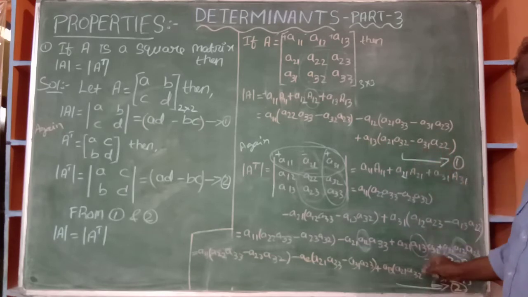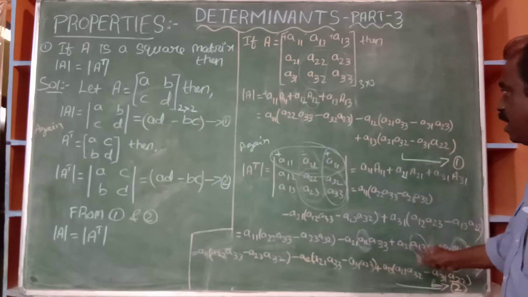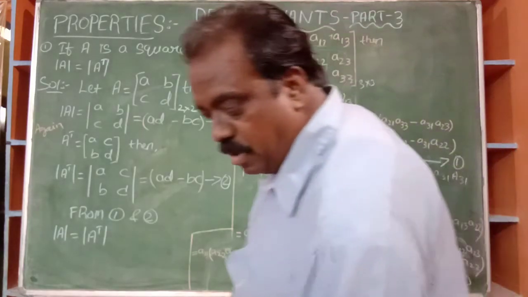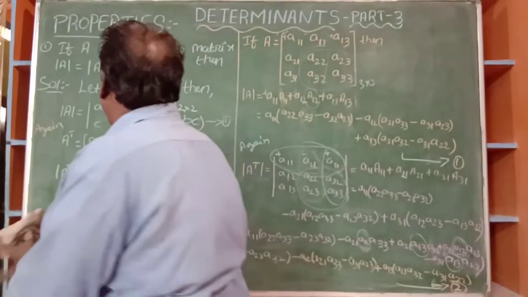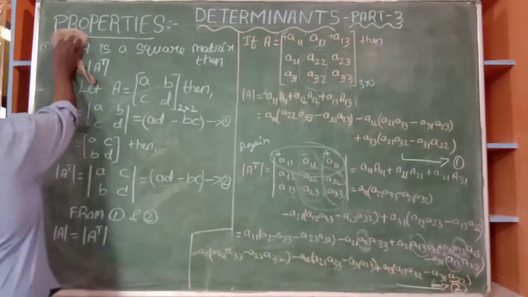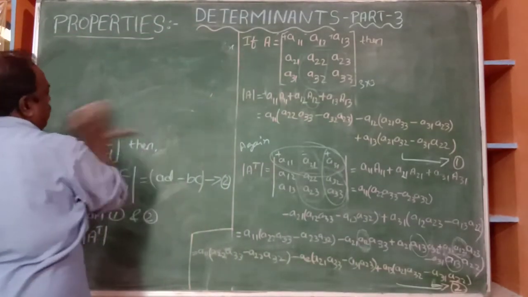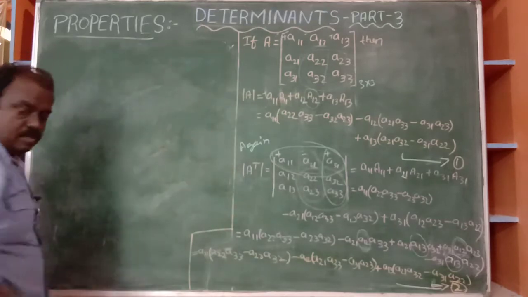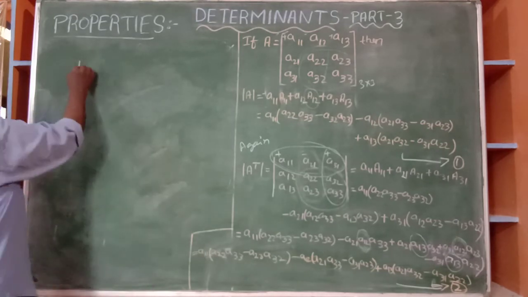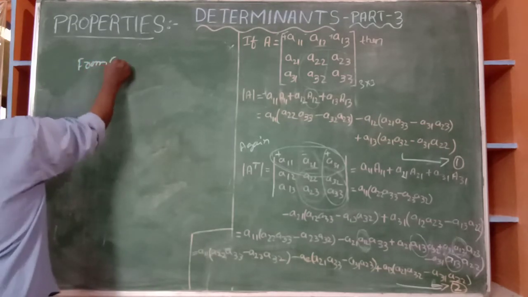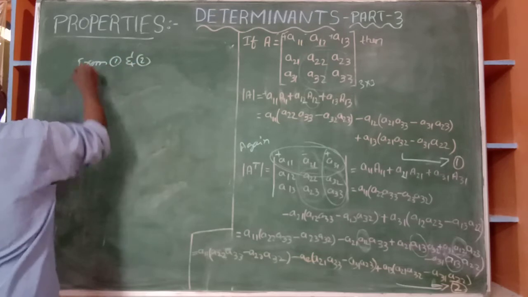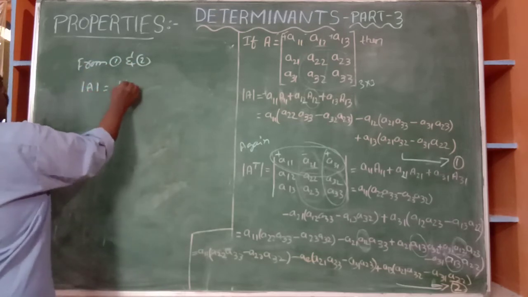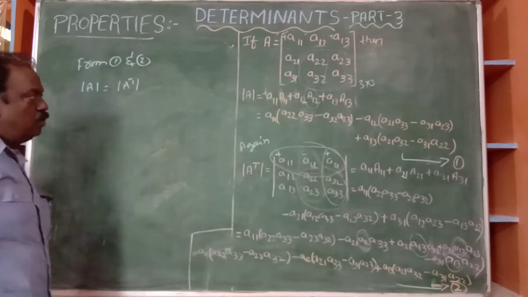So from 1 and 2, delta of A is equal to delta of A transpose.